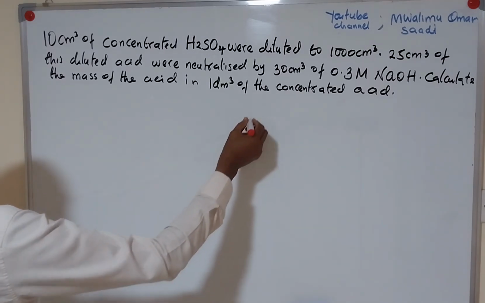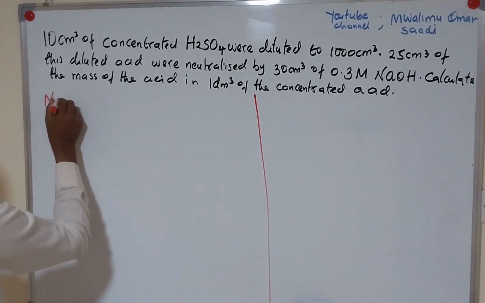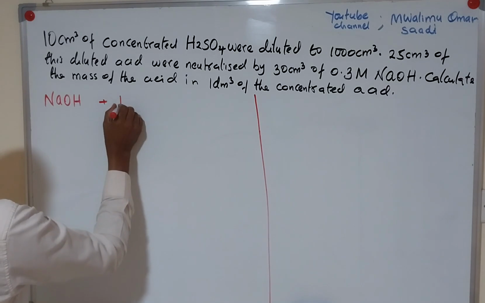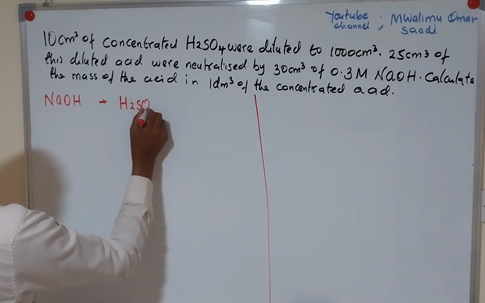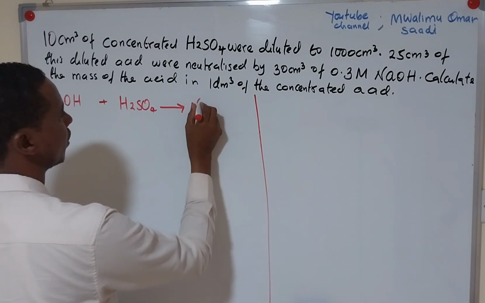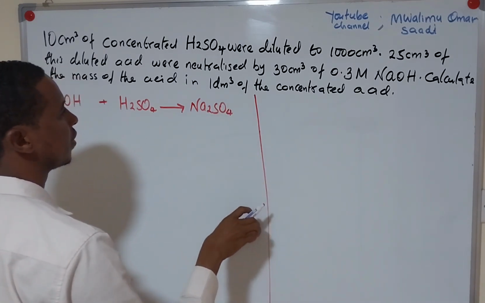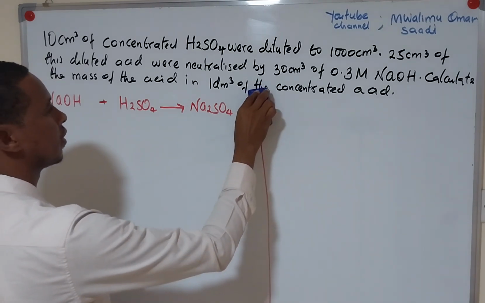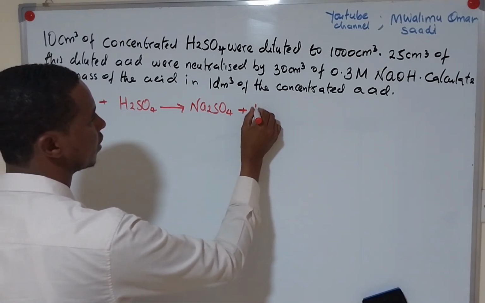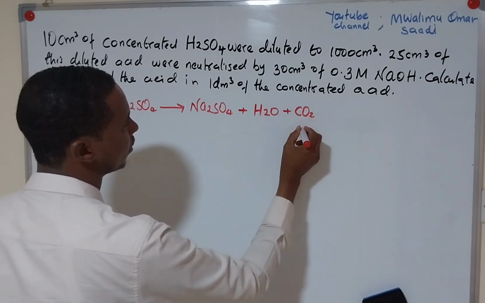So that is, we have sodium hydroxide plus sulfuric acid forming sodium sulfate, plus water, plus CO2 gas.